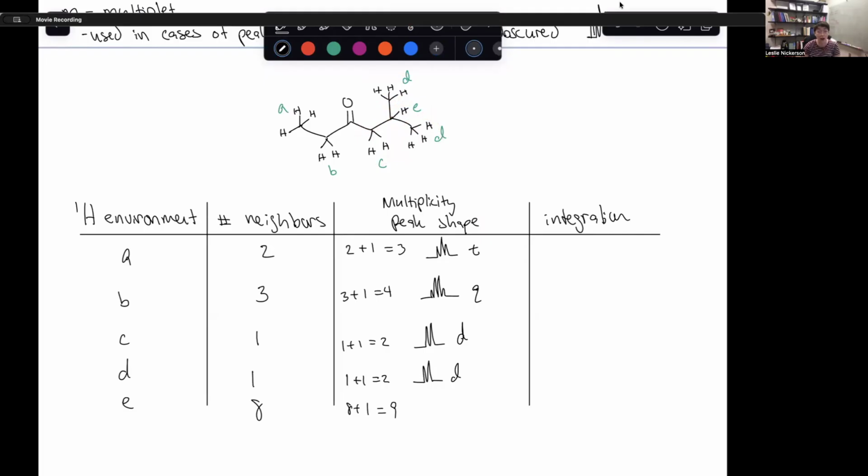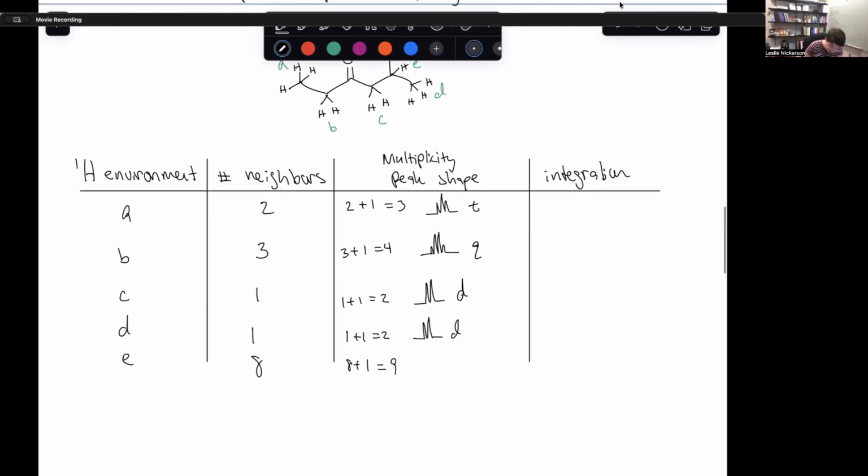So I'm looking at a nonet here. And that's what we're thinking about when we start to see a lot more splitting. And I'm going to try to count this very carefully to make sure that I actually have 9. 1, 2, 3. I didn't do it evenly. Okay, so we'd be ending up with something like that.